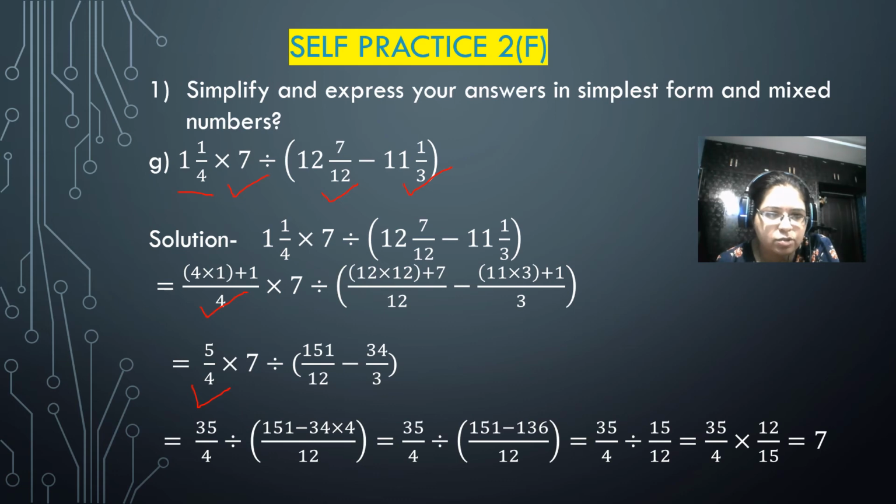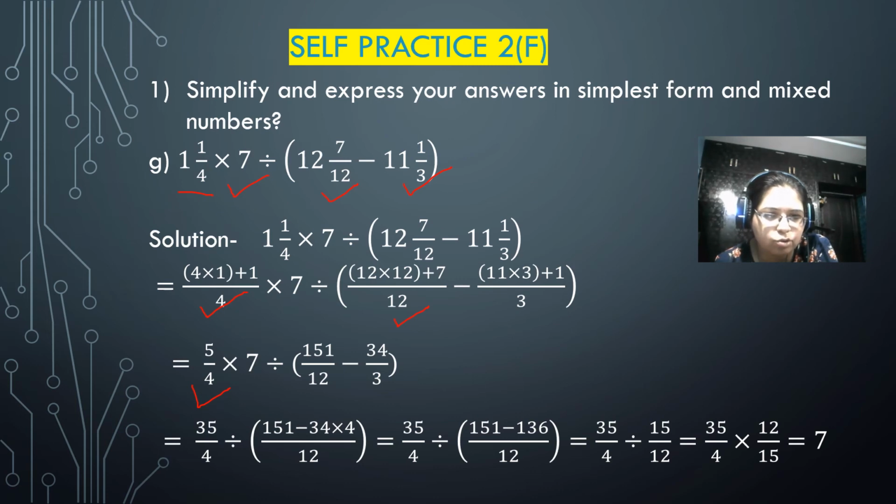Now convert this mixed fraction inside the bracket, 12 7/12. Multiply the denominator 12 with whole 12 plus numerator 7. 12 is the denominator, 12 is the whole, and 7 is the numerator.